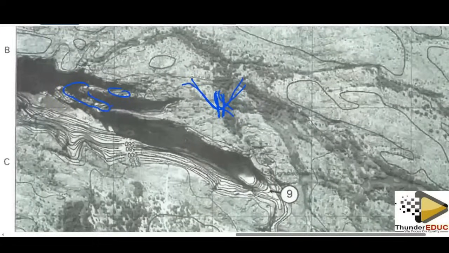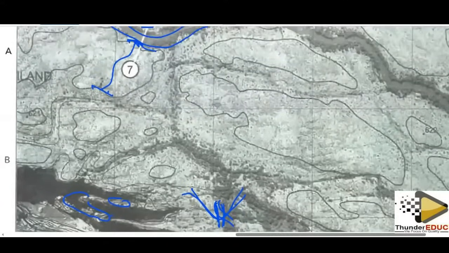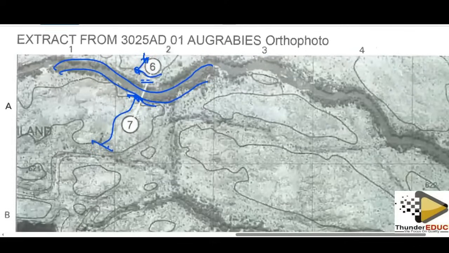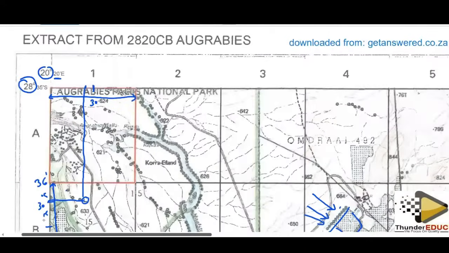Okay, a bit up. Block F4. So this is F4 here, data layers. Before I do that, let's first check where this orthophoto map was taken. It was taken from this area here.